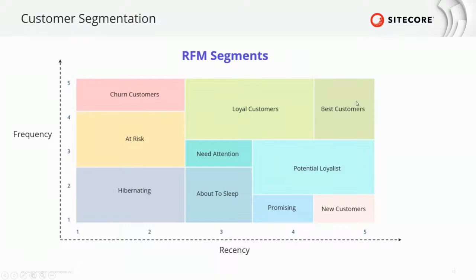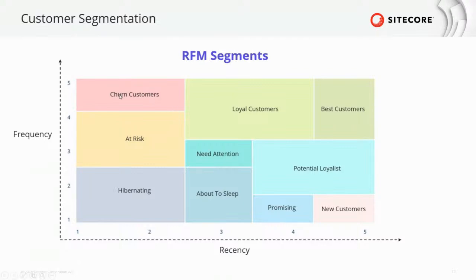On the other hand, for example, loyal customer clusters can drift into need attention clusters, then at risk, and eventually to the churn customers, when customers begin to spend less money or have not ordered in a while.